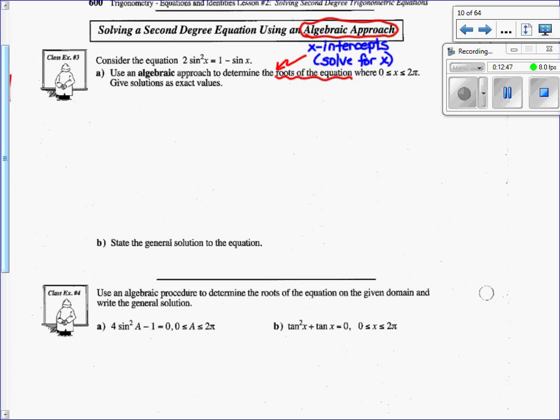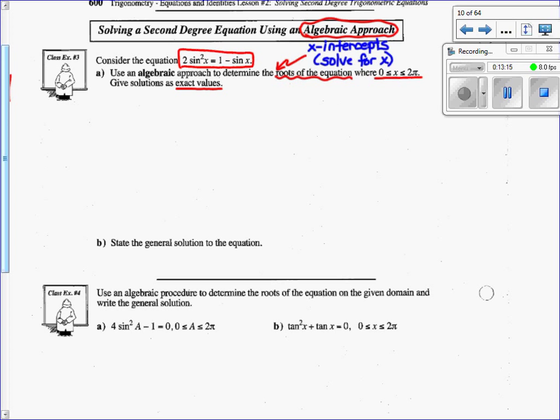And again, it tells us our domain, where x is going to be between 0 and 2 pi. And it asks us to give solutions as exact values. Okay? So in this case, we're going to leave it in pi's, in radian mode, just because then we will have exact values and we won't be rounding decimal numbers and getting inexact values.